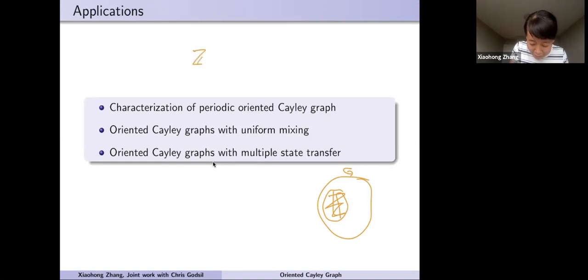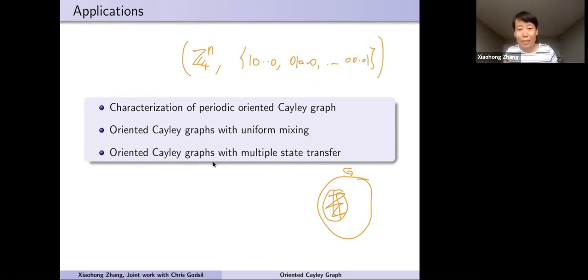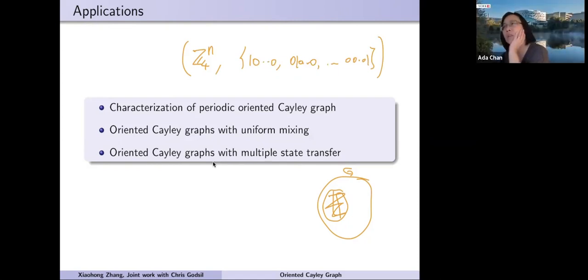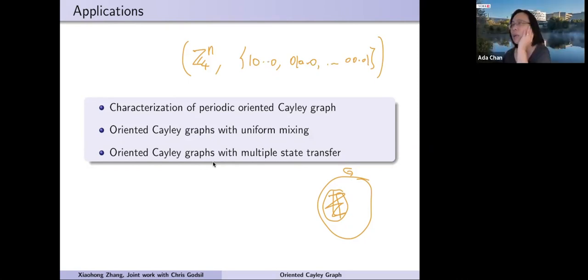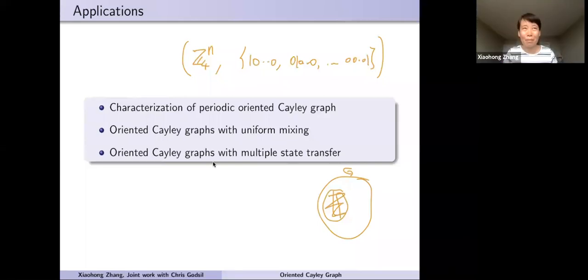The group is Z_2^4, and the connection set is like the standard basis. Is this a Cartesian product? I think so. Yes, an oriented Cartesian product.